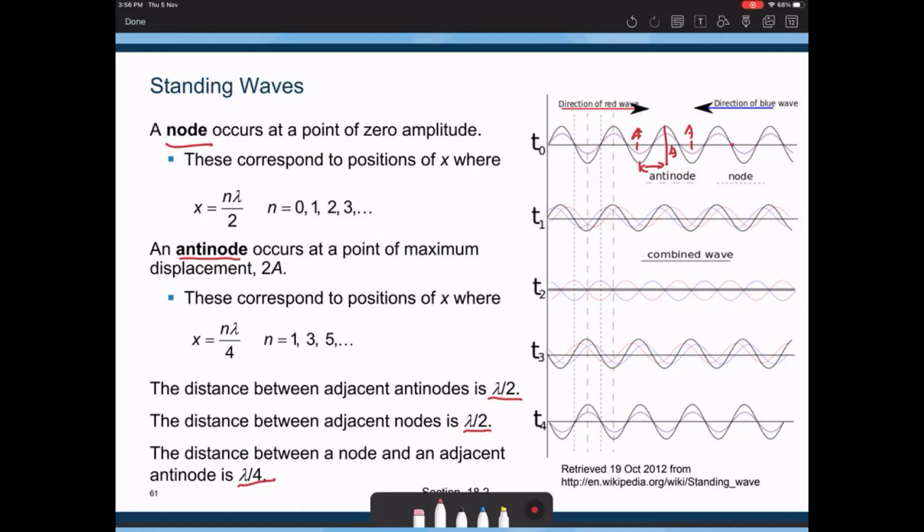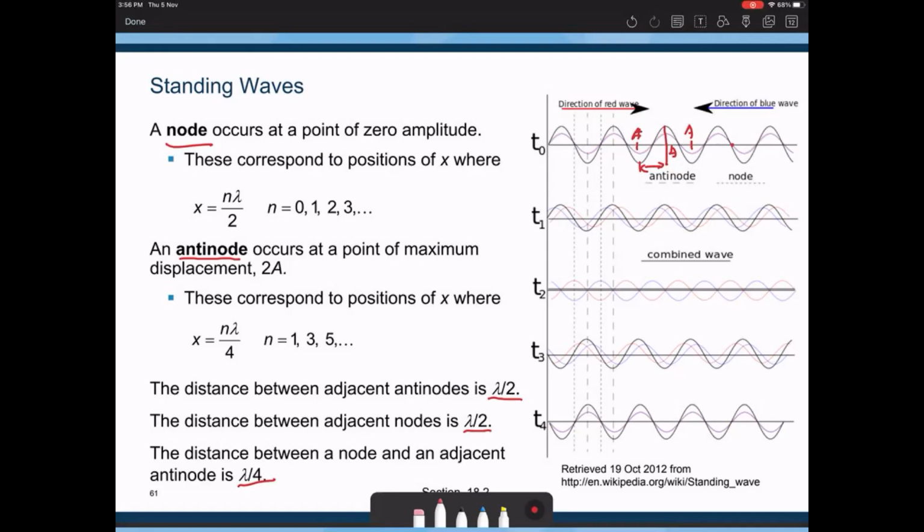Because if the system does not allow the antinodes to be separated by lambda over 2 and the nodes to be separated by lambda over 2, then you will not have a standing wave.